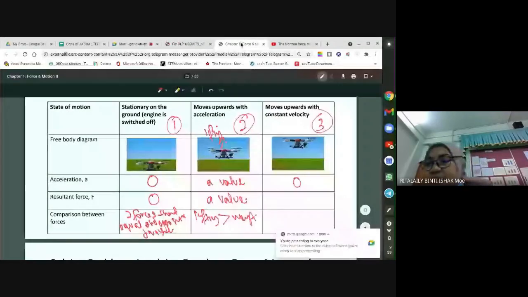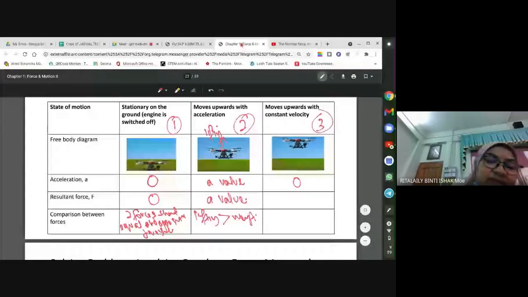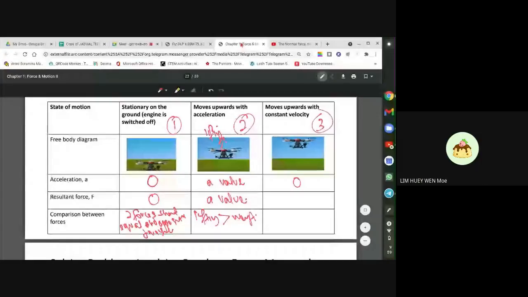There's a value. Okay, so is there any value for resultant force? Everybody, do you agree if I say that there is a value for resultant force? Isn't it constant velocity if we substitute the 0 into Newton's second law, F equals ma? Resultant force is still 0.